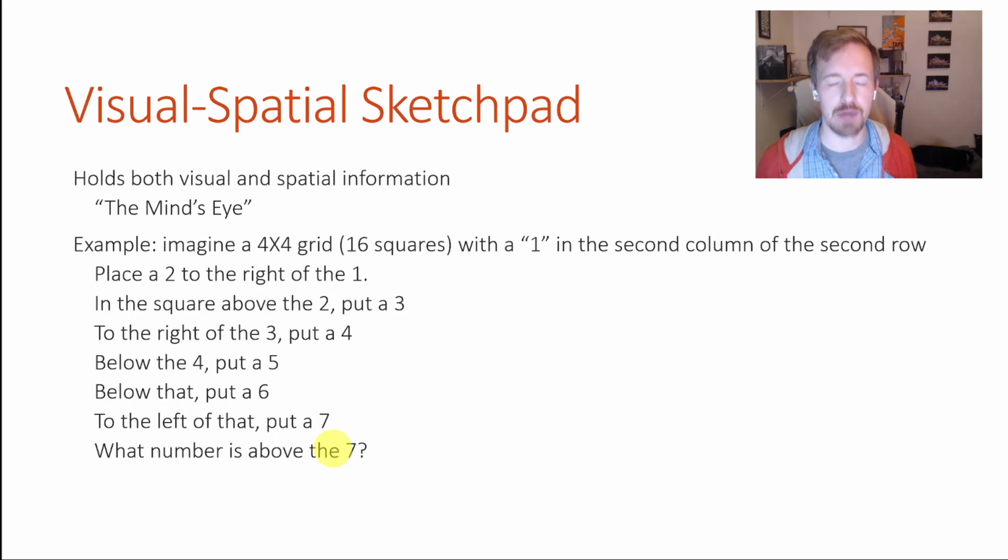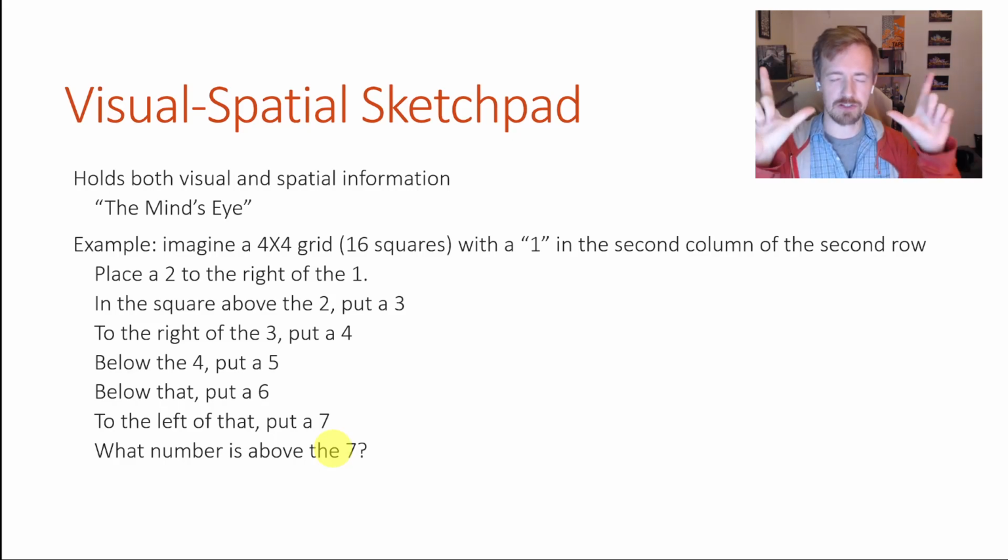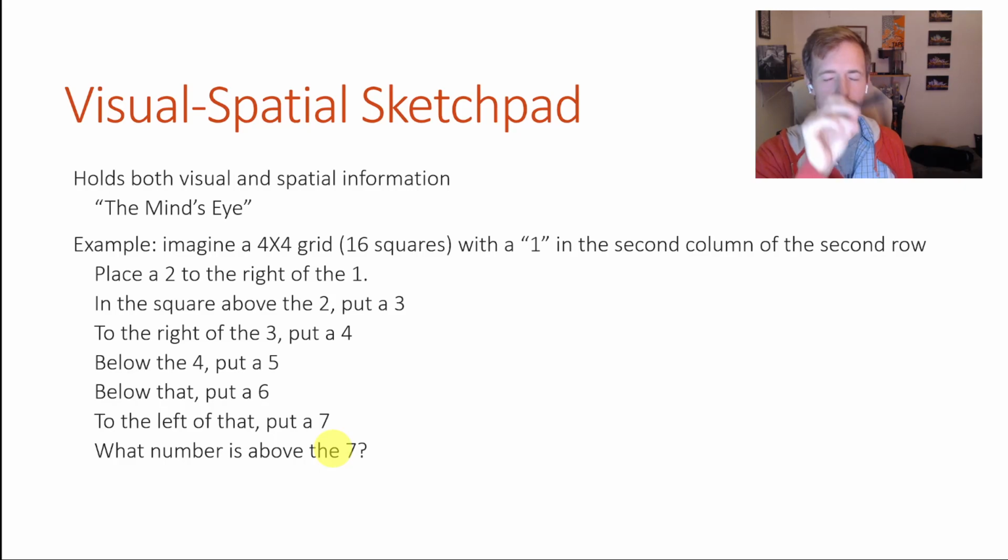So imagine that you have a 4x4 grid. You've got 4 columns of 4 rows, 16 squares overall. And you have a 1. The number 1 is going to be in the second column of the second row. So now imagine those 16 squares, and you have a number 1, second column, second row. Then I want you to place a number 2 to the right of that 1.